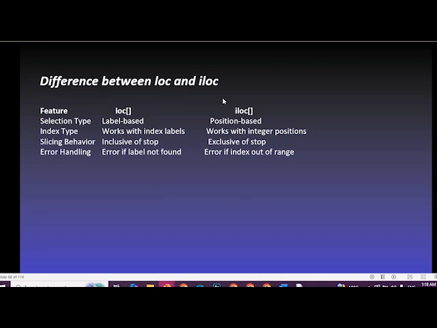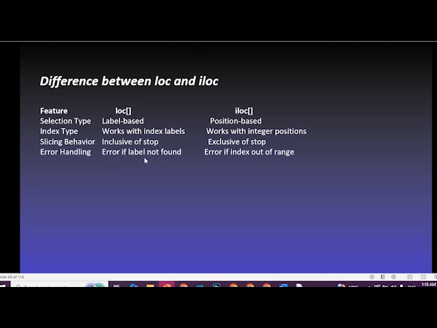So next is the difference between loc and iloc. What is the difference? Along with loc, we use labeled index. Along with iloc, we use positional index. That is, loc works with index labels. iloc works with integer positions. That is positional index. Now, when we use loc, the stop value will be included. Here, the stop value will not be included. It will be excluded. Here in loc, error if label not found.